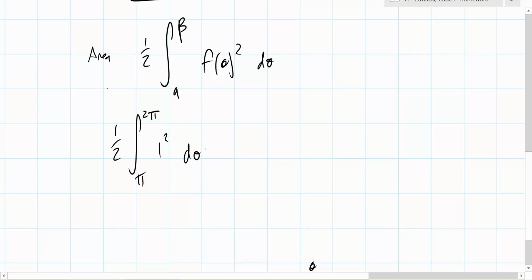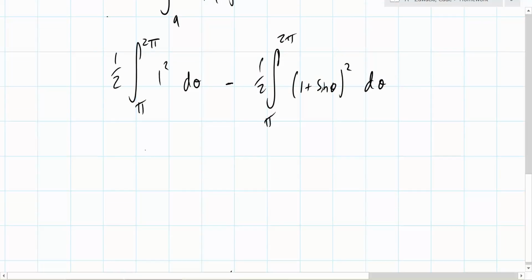So that's the circle. Now we want to subtract 1/2 times the integral from pi to 2 pi of the cardioid, or (1 plus sine theta) squared d theta.